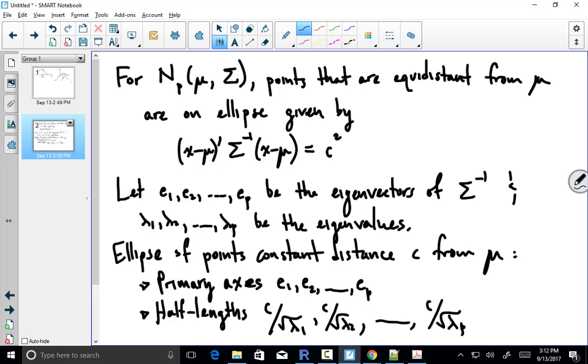That's a direct result of what we saw in topic 2.